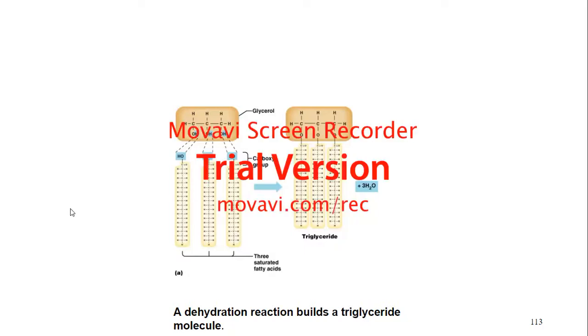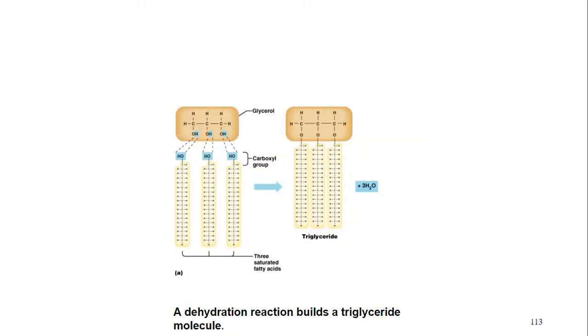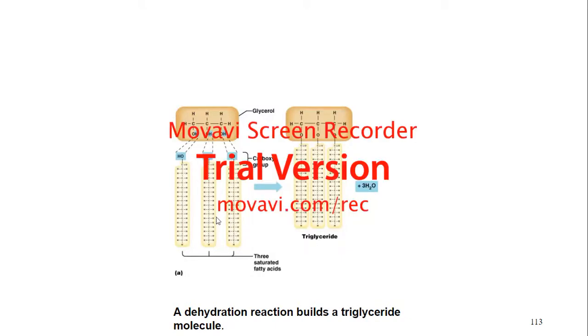All right, so remember dehydration, you're removing water, builds. So a dehydration reaction builds a triglyceride. For a triglyceride, you start off with glycerol, and then you add 3 fatty acids to the glycerol, and then you have a triglyceride.